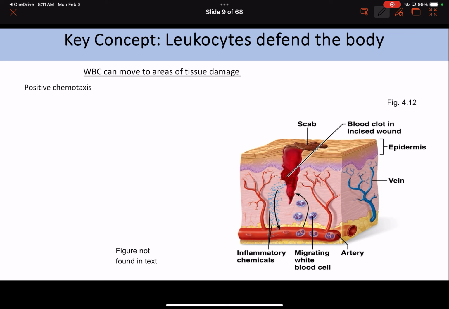So whenever we have an injury, there's inflammatory chemicals that get sent out that act as a signal so that white blood cells know where the injury is and can go in that direction. Okay? Positive chemotaxis, positive means towards. Chemo referring to chemicals. And taxis is movement. So it's the movement of white blood cells toward a chemical.